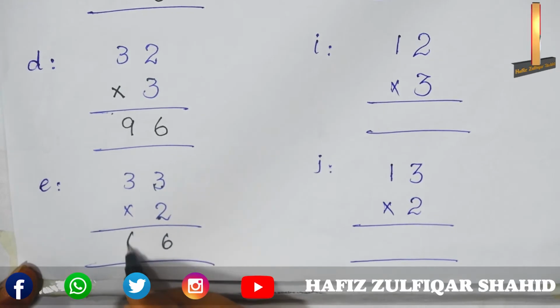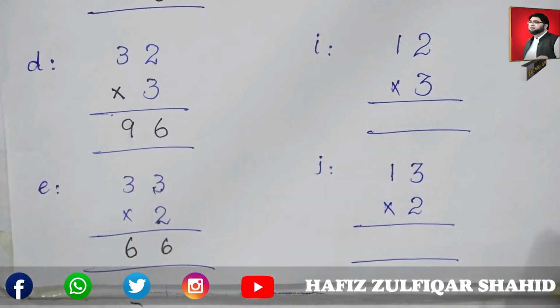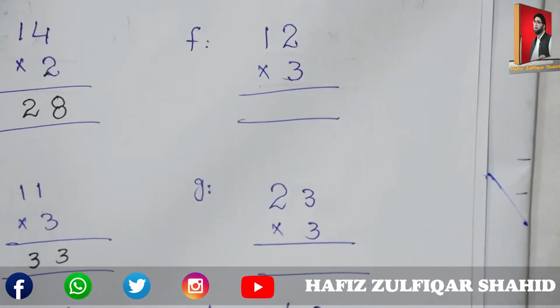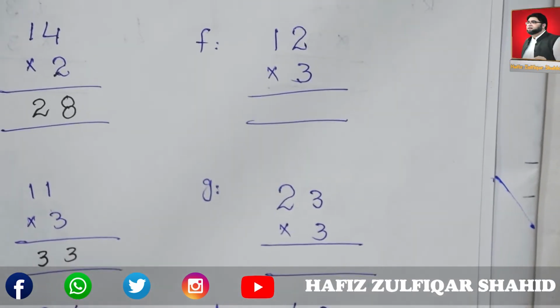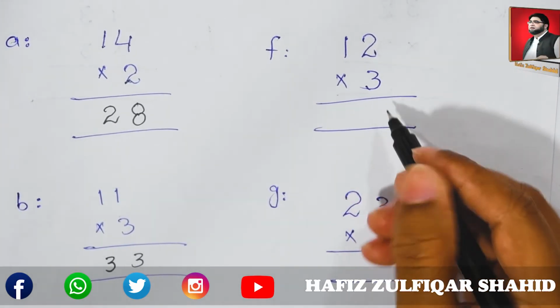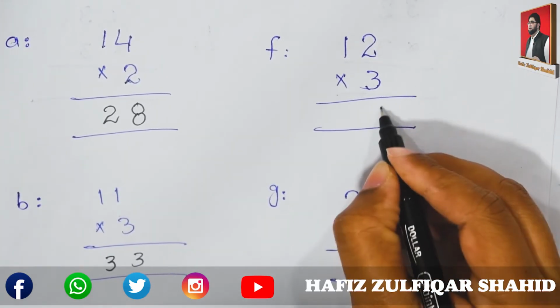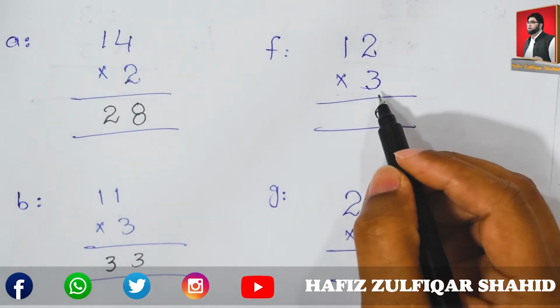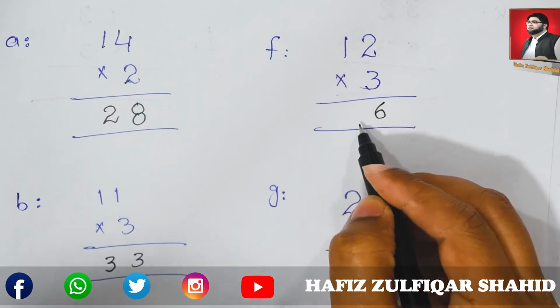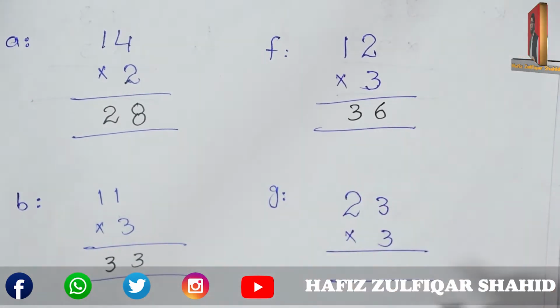Again 2 times 3 is 6. Move to the next part. First multiply 2 with 3. 3 times 2 is 6. Then multiply 1 with 3 or 3 with 1. 3 times 1 is 3.